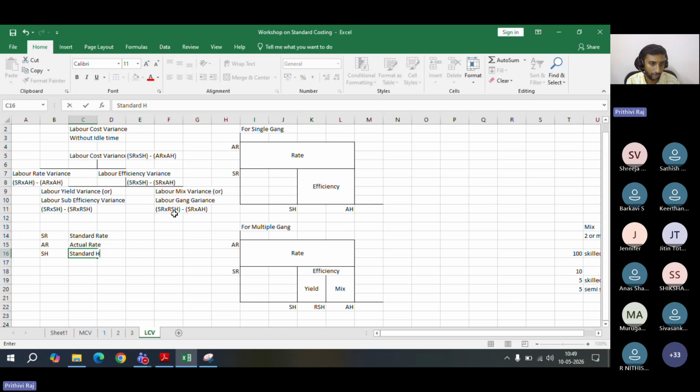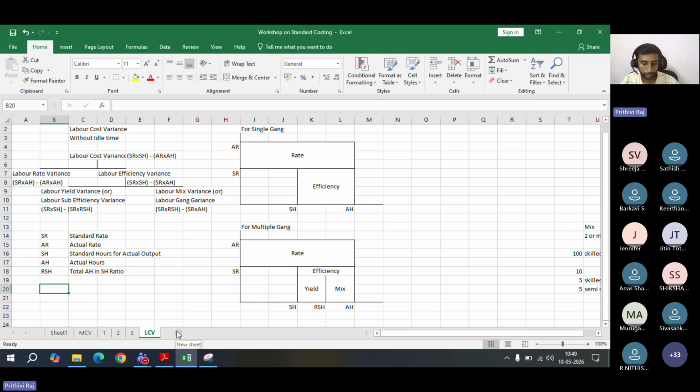SH is standard hours for actual output, similar to SQ, standard quantity for actual output. AH is actual hours. And the last one is RSH, total AH in SH ratio, like RSQ, total AQ in SQ ratio.